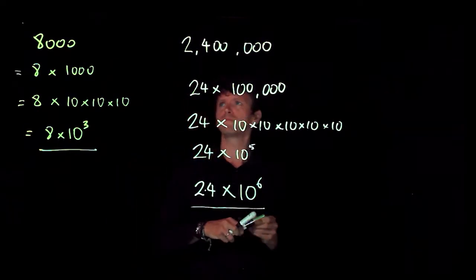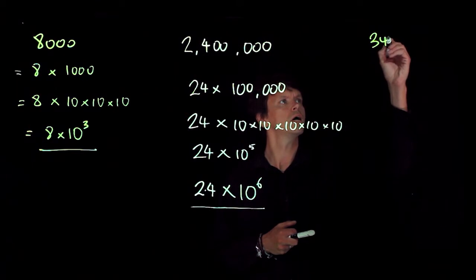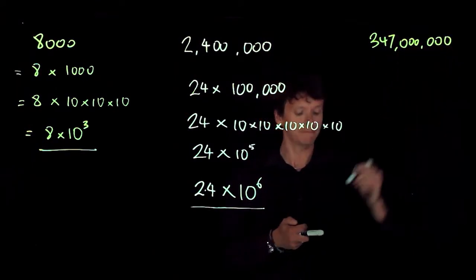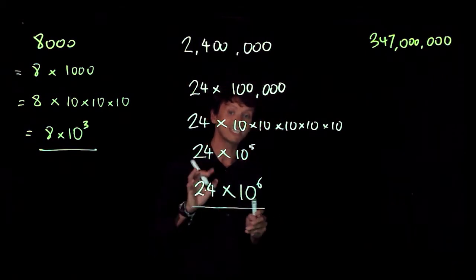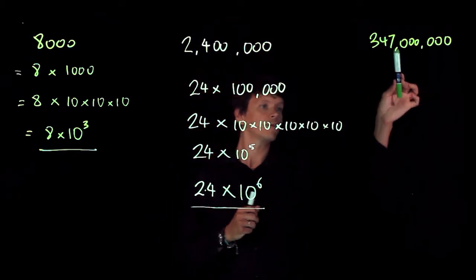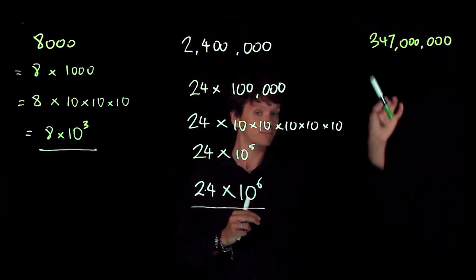Let's take another example. 347 million. So remember, for standard form, scientific notation, what we're looking for is a number times by 10 to the power of something.